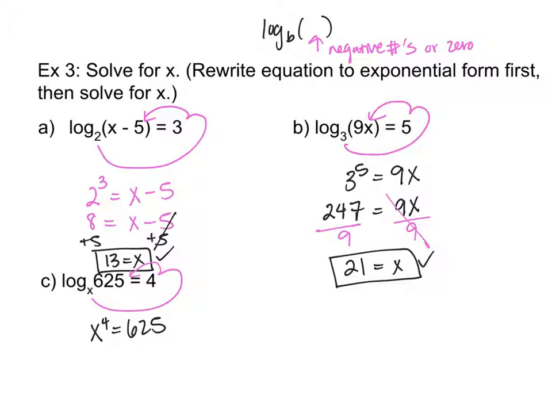So I need to take the 4th root to get rid of the 4th power. I have to take the 4th root of the other side too. So the root and the power cancel, and I just have x equals, okay, the 4th root of 625. If you put that in the calculator, it is 5. If you multiply 5 four times, you get 625.